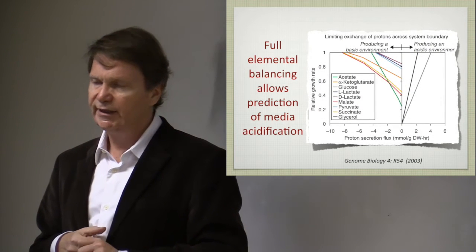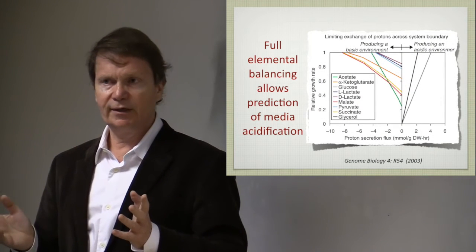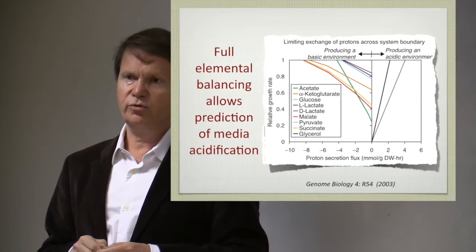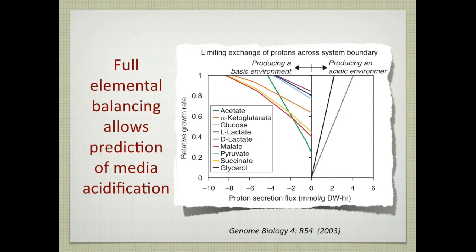You can now predict, with full elemental and charge balancing, whether growth on a particular substrate in minimal media will lead to acidification of the media or whether it's going to get more basic. And this is a graph that shows such predictions. On the y-axis is higher and higher growth rate for growth on the substrates indicated.